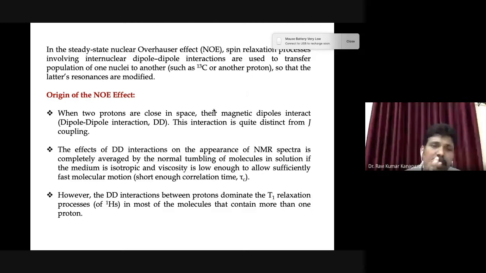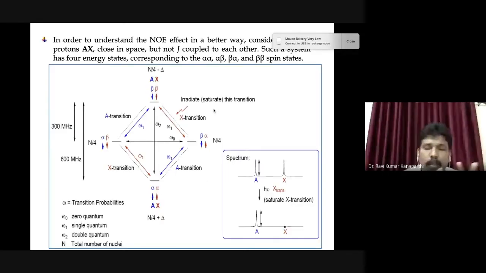But the dipole-dipole interaction will be dominating the relaxation process, and therefore in certain cases we will see population transfer from the ground state to the upper nuclear energy state, and as a result signal enhancement. To explain all these things I'm taking one example, though this concept can be explained in many ways.